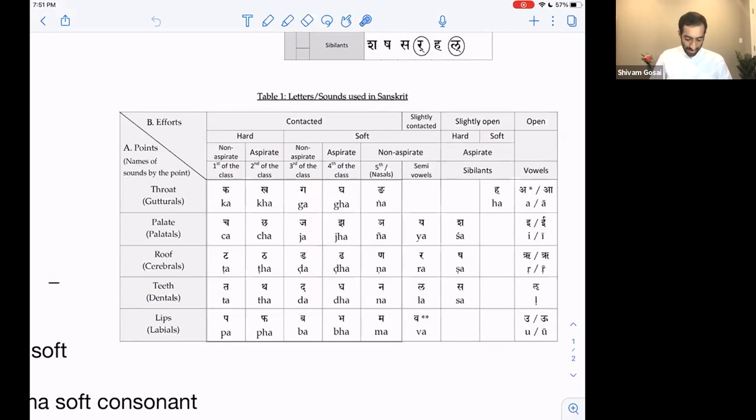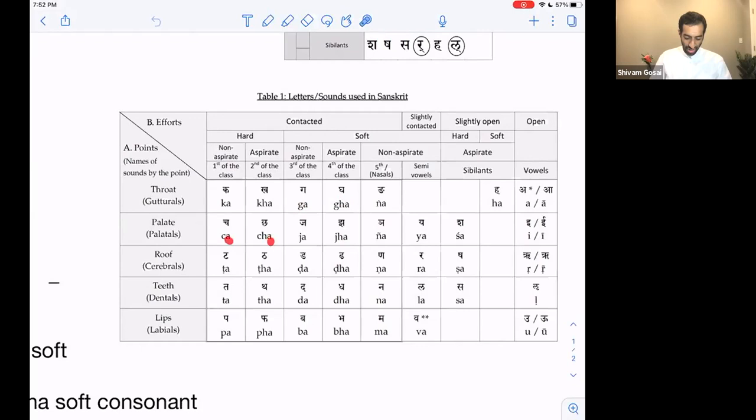Another way of saying that is if it's hard, it's going to become the soft of that section. Right? If it's a hard consonant within these first two sections, it's going to become the soft version. Okay, so let me make this simple. If we have ka or kha, it's going to become, in the third line, ga when it's at the end of a pada. If it's ga, it's just going to become alpa prana, so it's going to become ga.